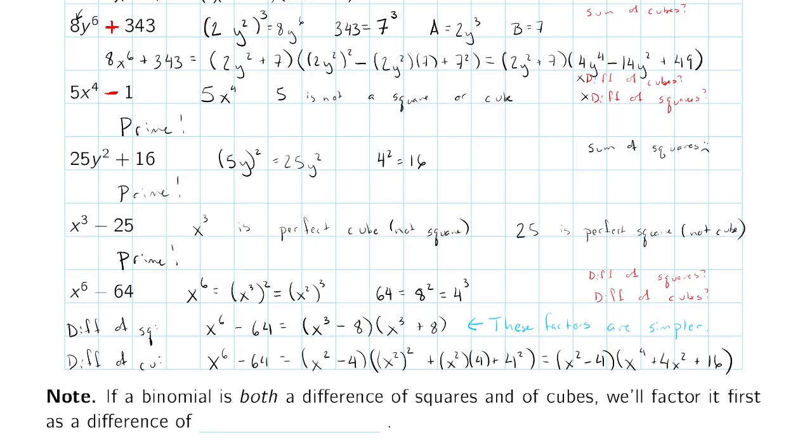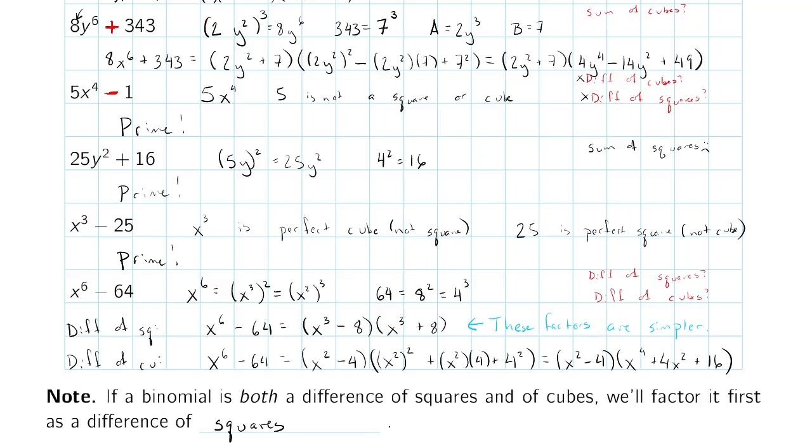They're simpler to look at. They're simpler to work with than a binomial and a trinomial. If we have a binomial that we can see as both a difference of squares and a difference of cubes, we're going to factor it first as a difference of squares because it has that nicer form to the factors.